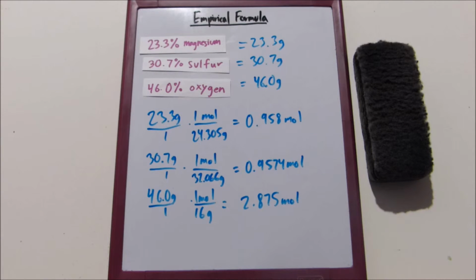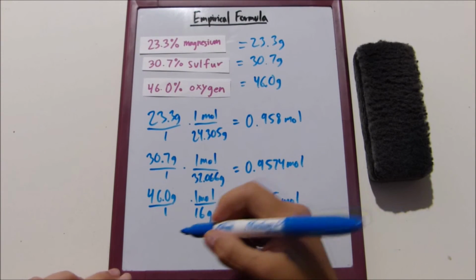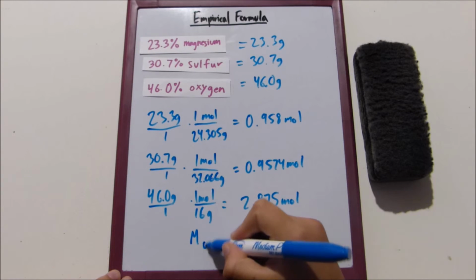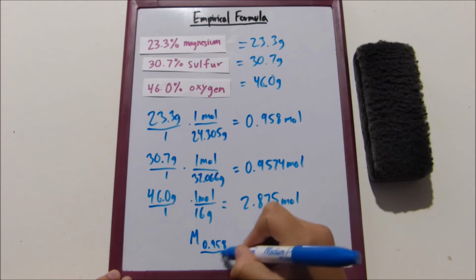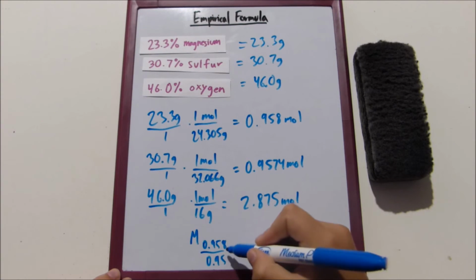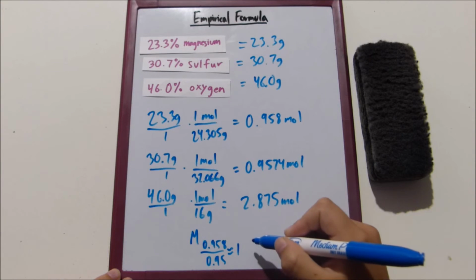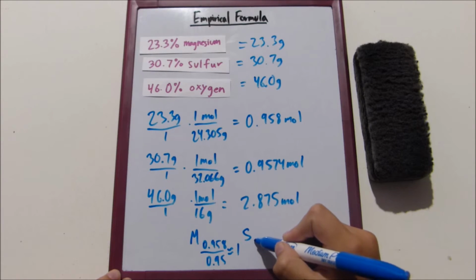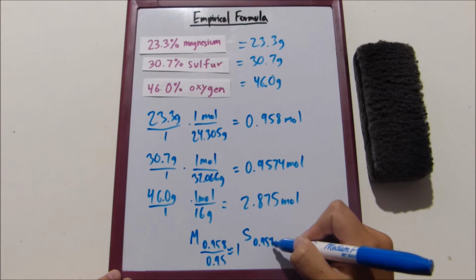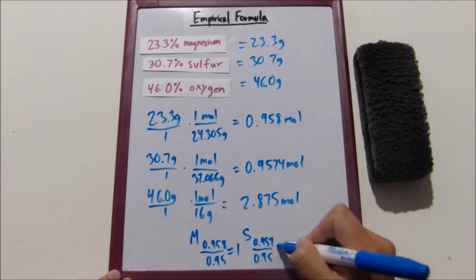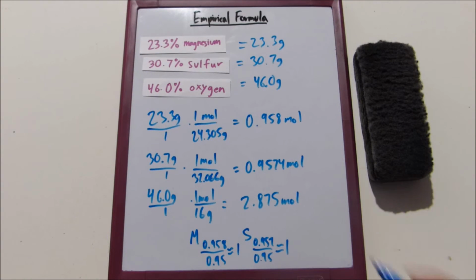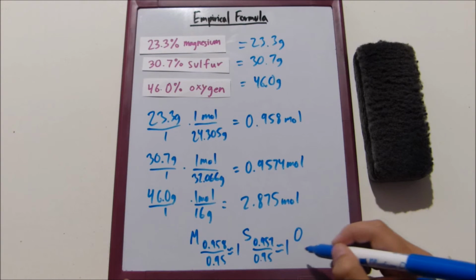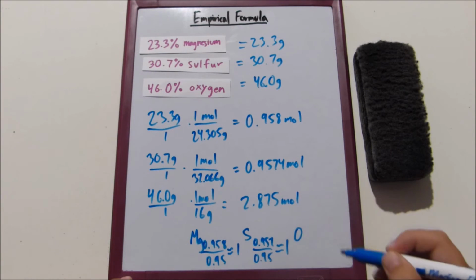So what we're going to do, down here at the bottom, magnesium, we've already said that this is going to be about 1. And then for our sulfur, we're going to say this is also about 1. And then for our oxygen, oh, magnesium is Mg, my bad.